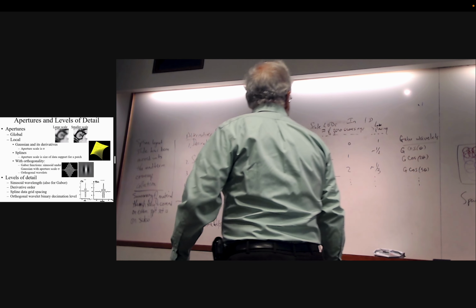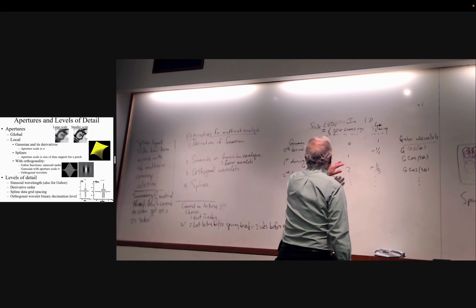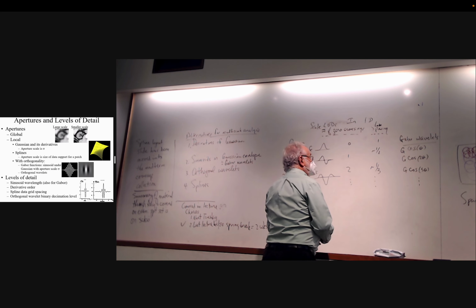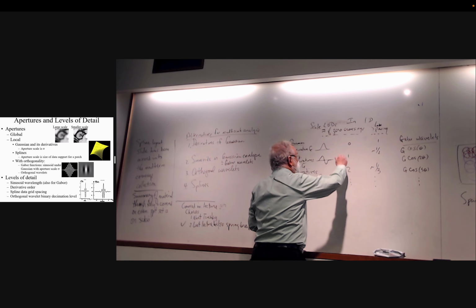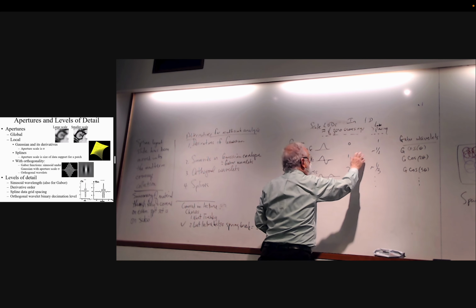Okay, one of the very interesting things is that the number of zero crossings of just an ordinary Gaussian within some range are comparable.